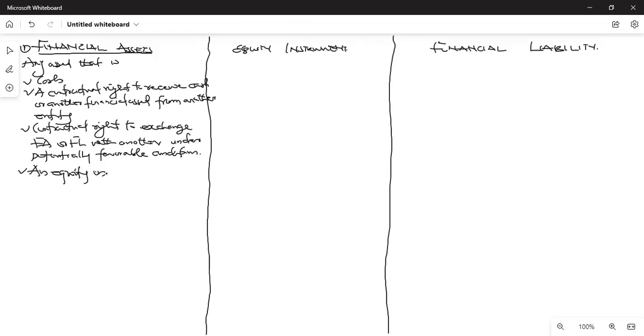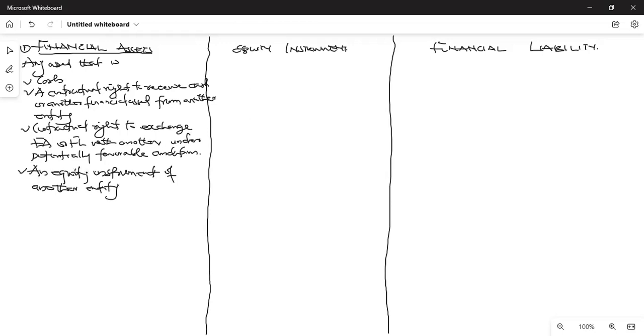Equity instrument of another entity. So what they hold in you, you have as a financial asset; to them, they have a financial investment. All right, so that is that.